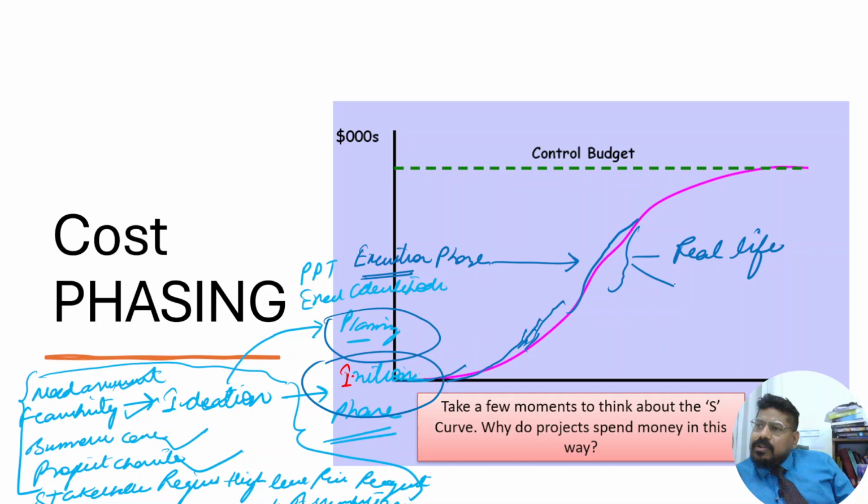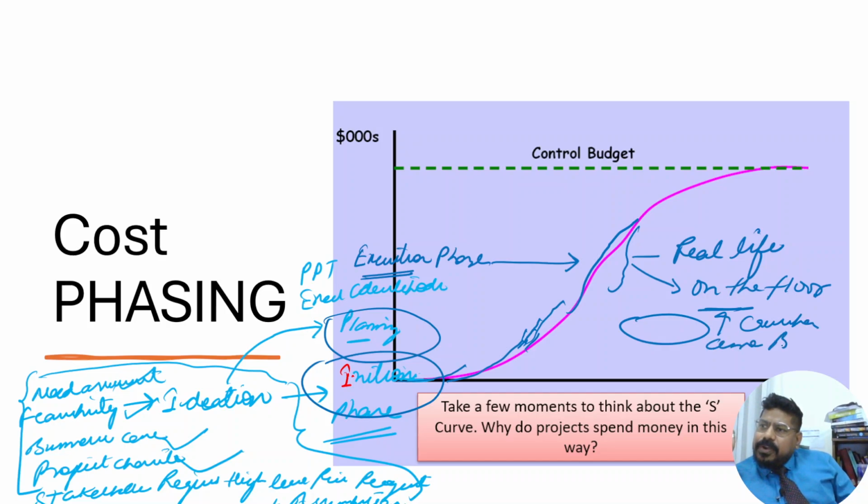everything is happening here on the floor. If it is real estate, you have purchased the lands, there is crane, there is crusher, there is cement, bricks, etc, etc. If it is development, you have team who are developing code, UI UX designers, testers, and you are delivering something, hence the major cost involvement is here, execution phase.